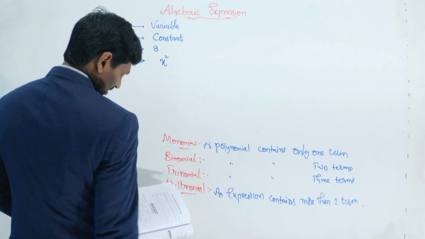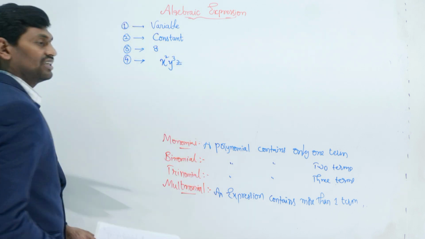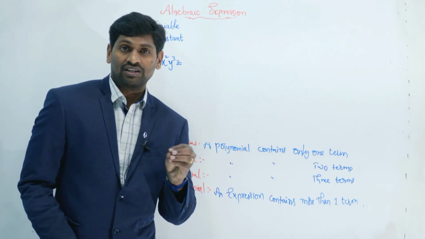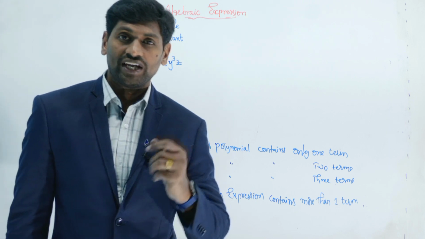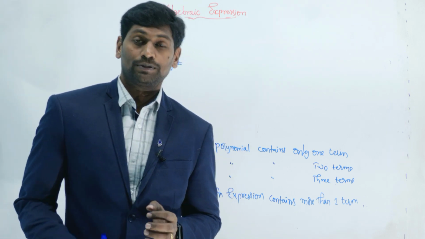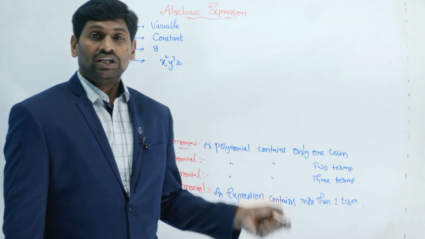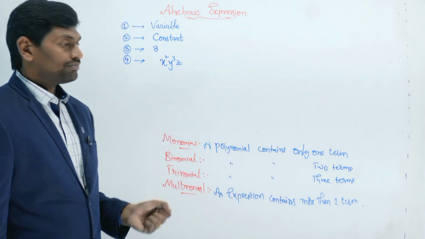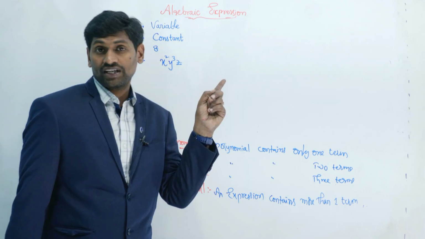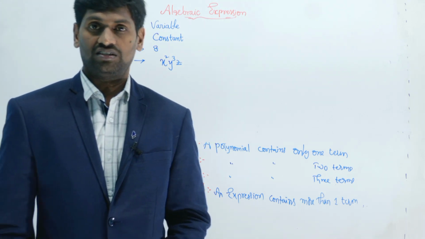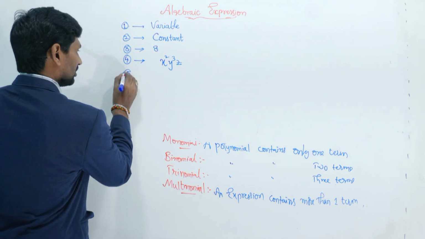The answer is x square y cube z. While observing an expression, if you identify any plus or minus, those separate the terms. So this is the monomial because there are no plus or minus symbols between the letters.